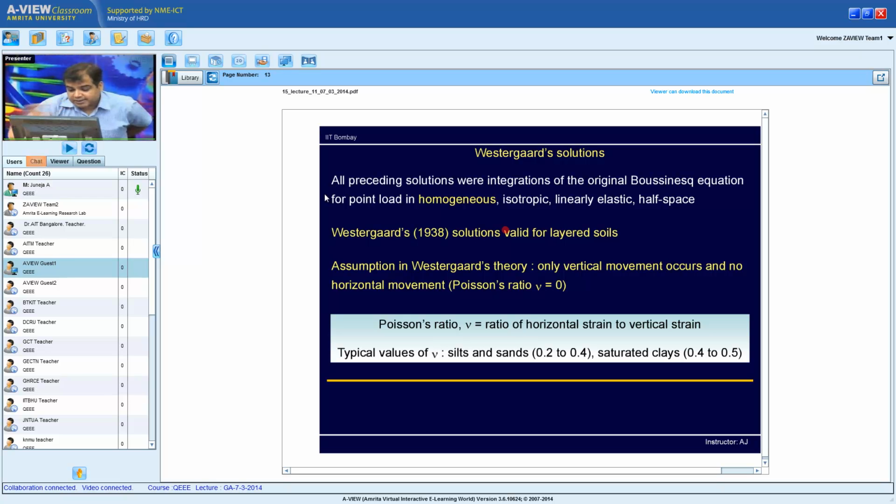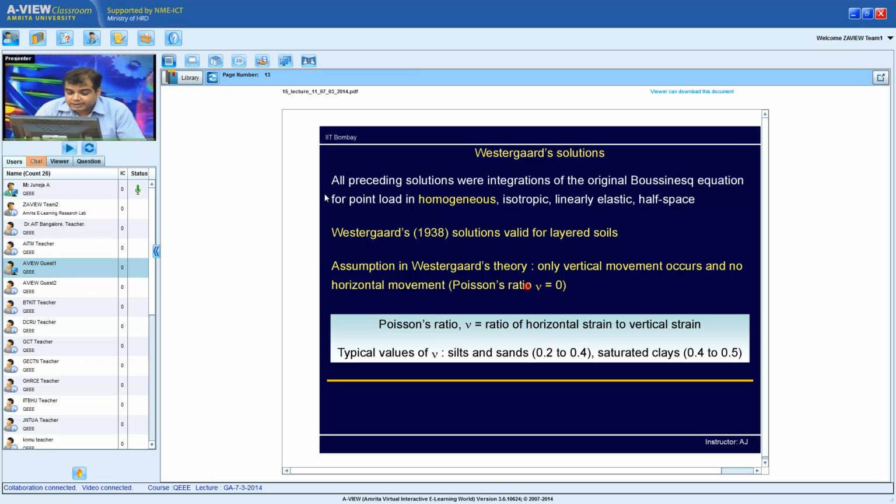In fact, some of you who do ground improvement works using geogrid, if you use geogrid, Westergaard solution would be an excellent example for stress distribution. So you're looking at layered deposit.